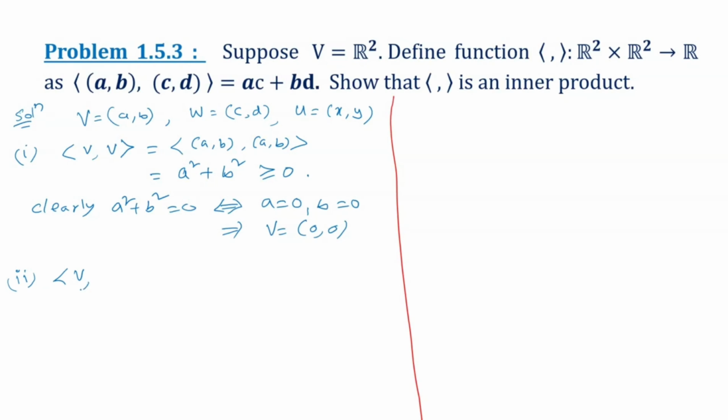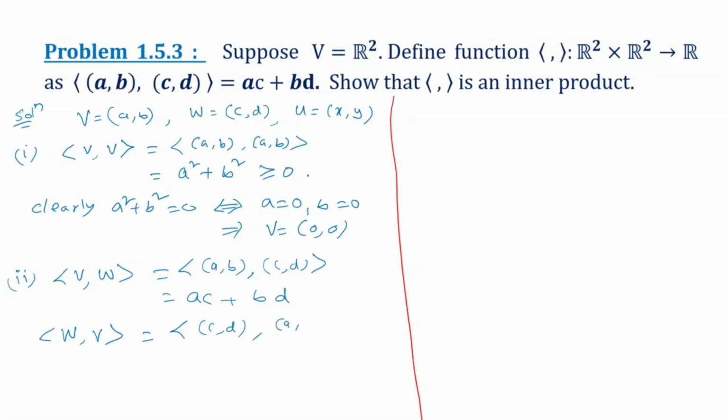Second property, ⟨v, w⟩. So this is (a, b), (c, d), which is ac plus bd. Now if we take ⟨w, v⟩, this is equal, we'll have here (c, d) and (a, b).